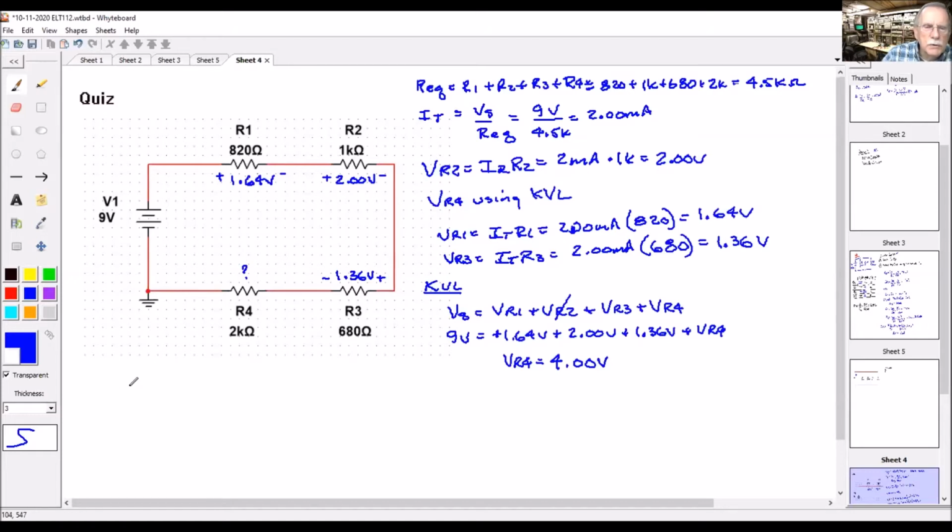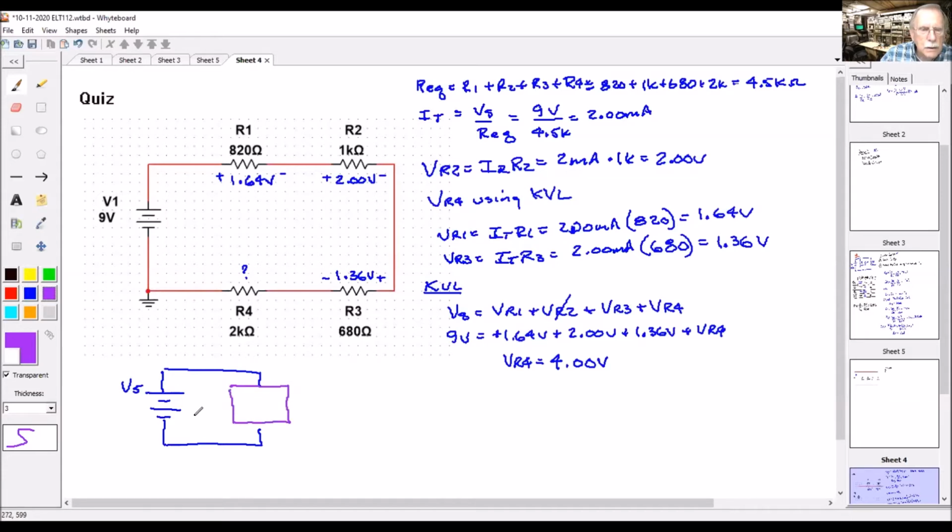Think about it this way, whether it's a series circuit or parallel circuit. Envision that VS, the supply voltage, is connected to some sort of a box.